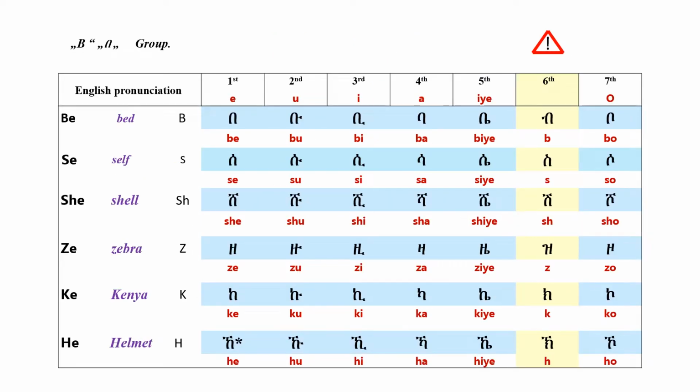In the first lesson, we have learned 6 letters: B, C, Sh, Z, K, and He. We have seen that every letter set is formed by 7 rows. And we have learned which vowel belongs to which row and which sign we add to the first row letter.